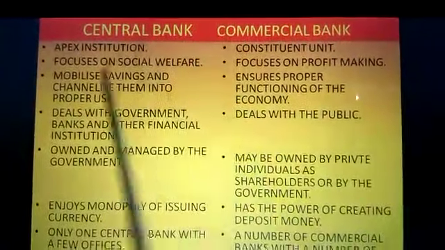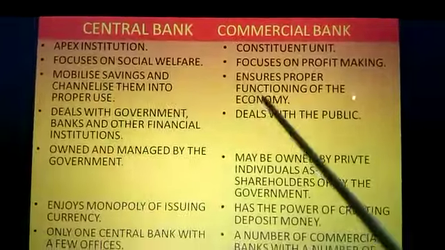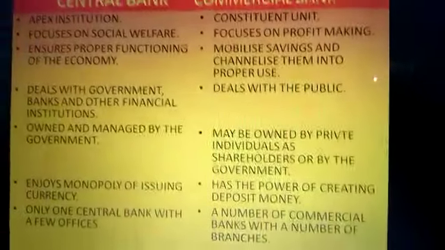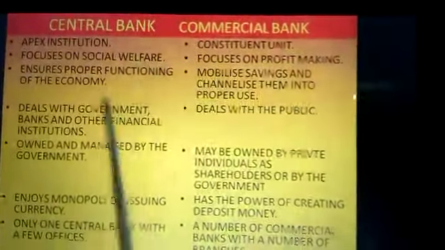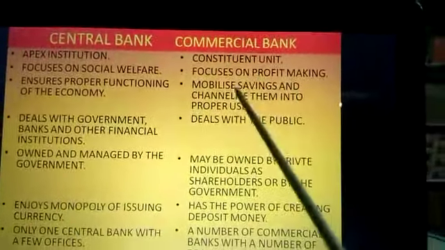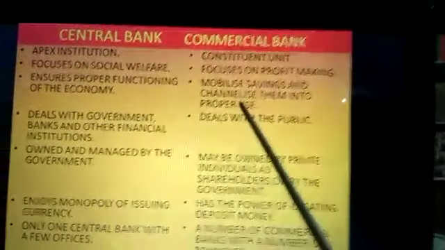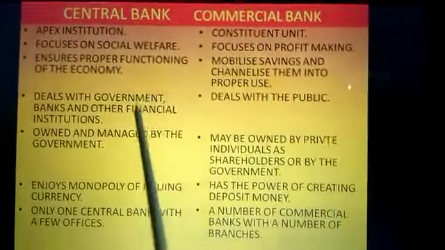The central bank's work is to mobilize the savings and channelize them into proper use. The central bank's work is to ensure proper functioning of the economy, but the commercial bank does the work of collecting people's savings and putting them into proper use, like giving out loans to the people who need it.